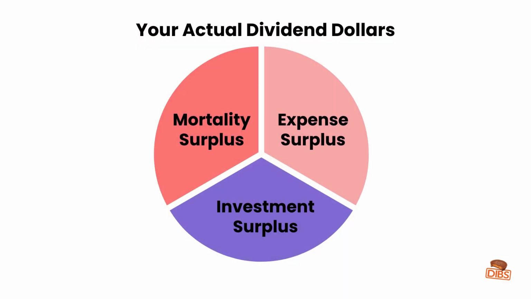And this includes mortality expense surpluses, expense surpluses throughout the year for cost of administration and doing business generally, as well as interest investment surplus. So just know that dividend crediting has other factors added to it to give you that final dividend dollar amount. And finally, this varies across all companies.